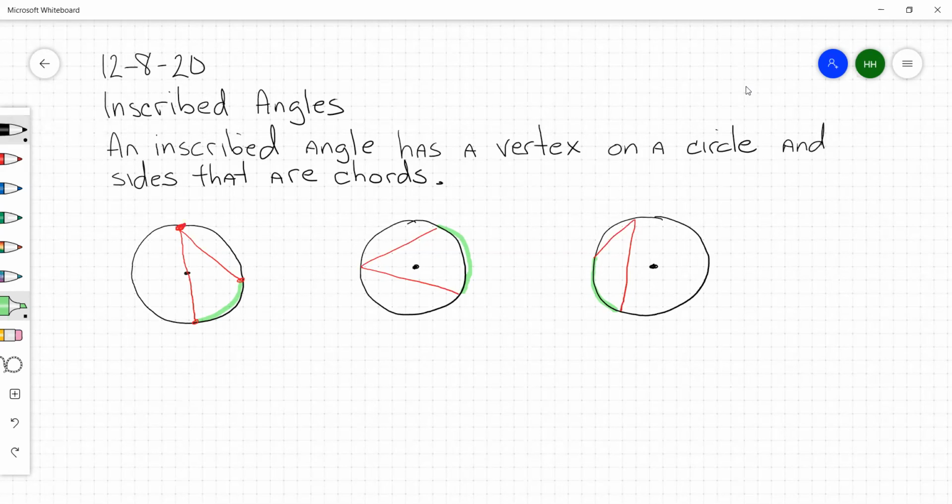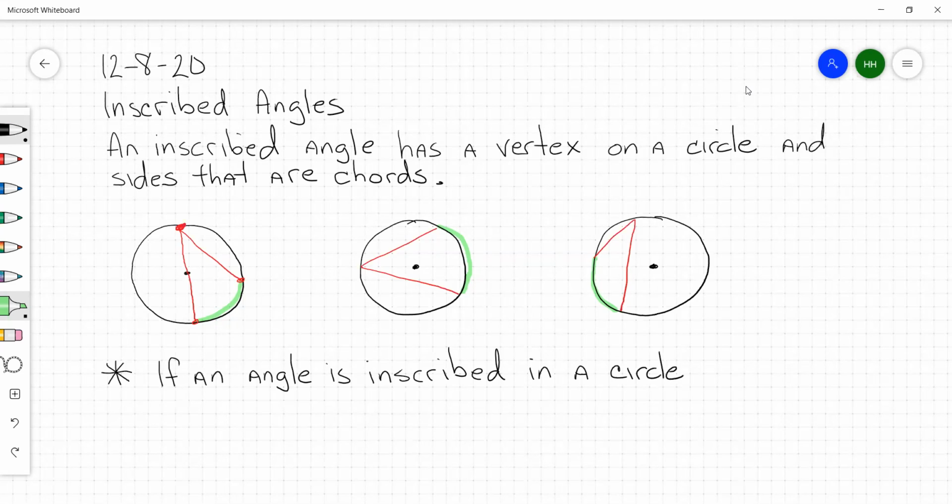And now there's a rule related to that. The rule is that if an angle is inscribed in a circle, then the measure of the angle is 1/2 the measure of the arc.